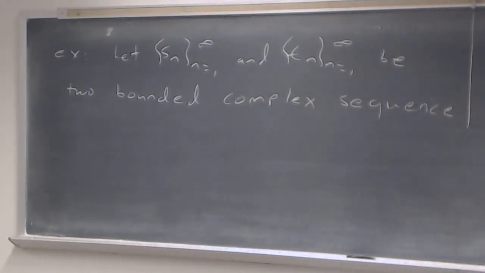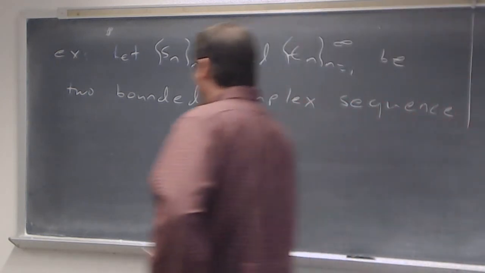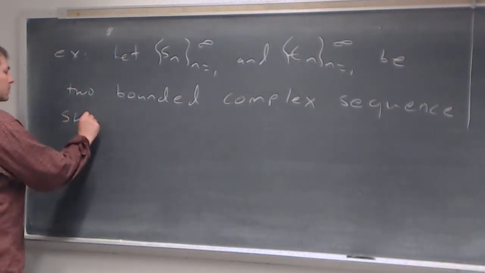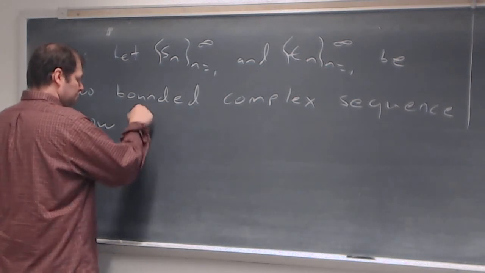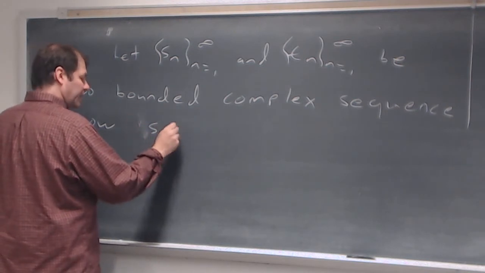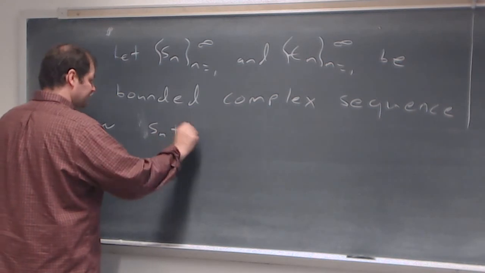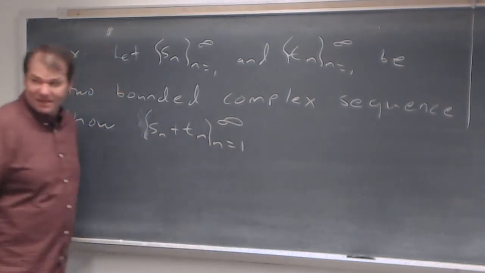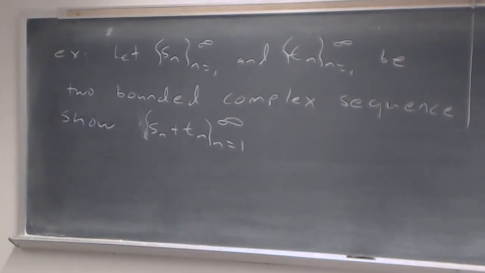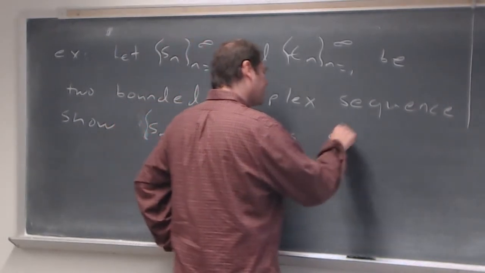Okay? Let's show that S of n plus T sub n, I'm not finished, we'll get to it, but let's start off with this. So this is a bounded sequence.